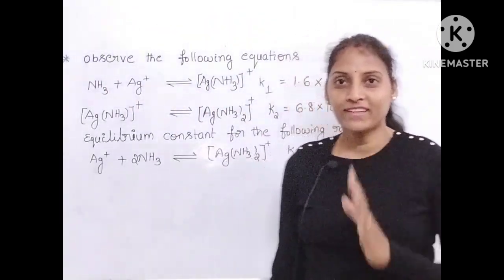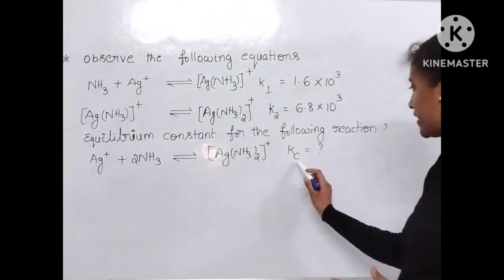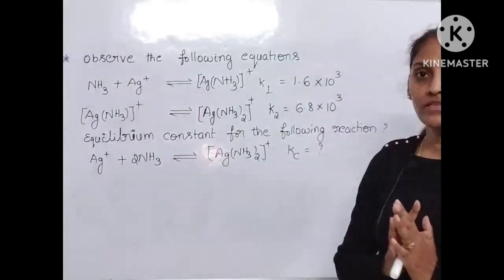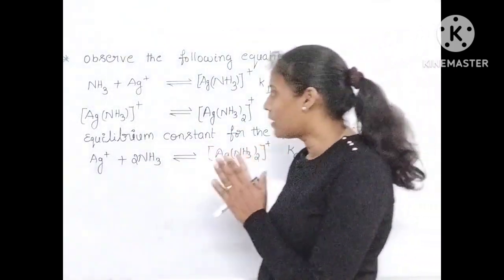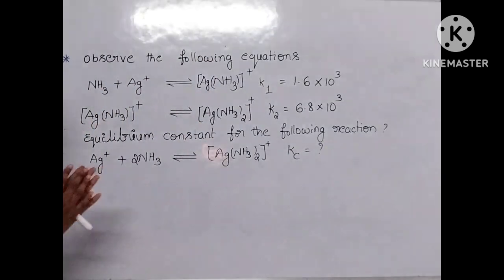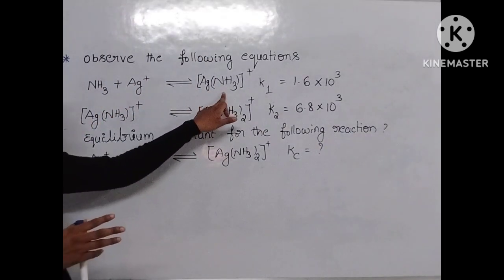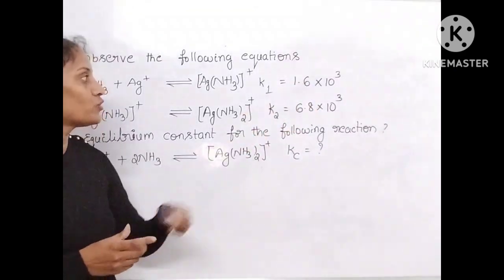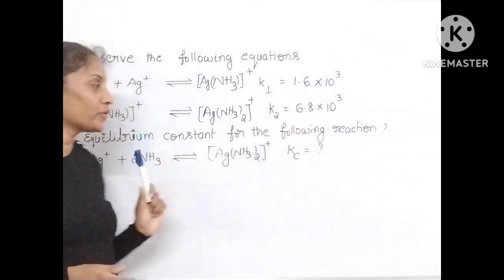Dear students, here in this question you need to calculate Kc for this reaction by observing these two reactions. In the first reaction, ammonia reacting with Ag+, then it will become Ag(NH3)+. Here the K1 value is 1.6 into 10 power 3.